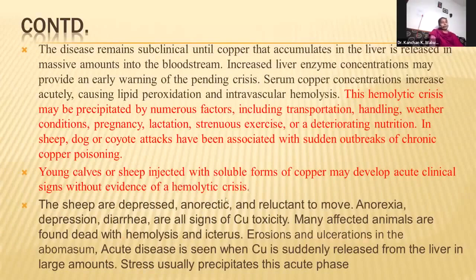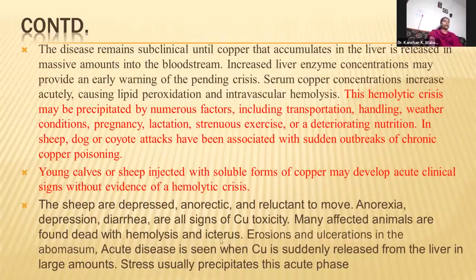The affected sheep are depressed. Because of lysis of the RBCs, there will be signs related to anemia, depression and dullness, and diarrhea in copper toxicity cases in sheep. And again, as I said, many animals will be found dead with hemolysis and icterus.